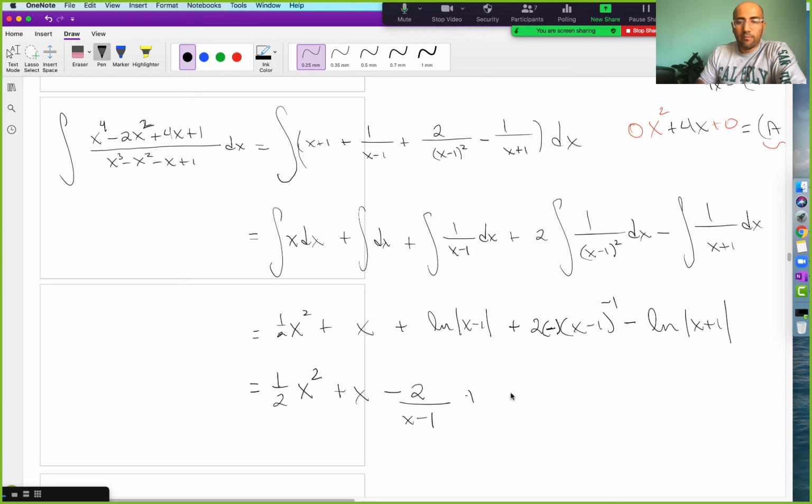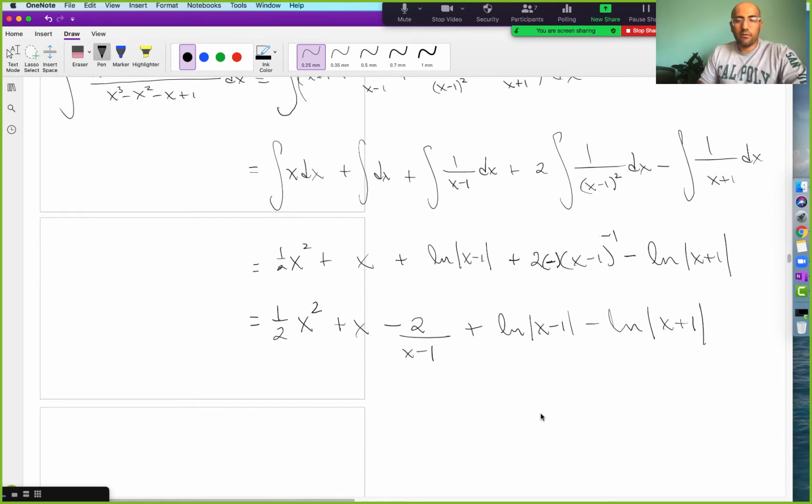And then I still have a plus ln of absolute value of x minus 1 minus ln of absolute value of x plus 1. And again, we can combine these two things together and end up with 1/2 x squared plus x minus 2 over x minus 1 plus ln of giant absolute value x minus 1 over x plus 1 plus a constant.